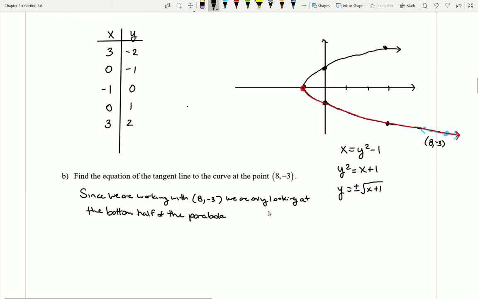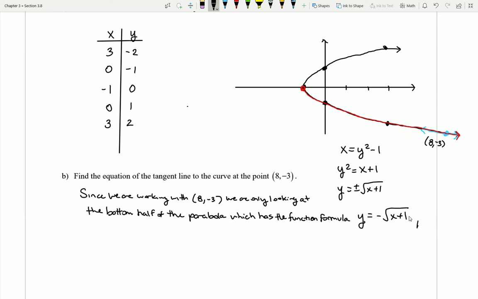Okay, and I know that that has the function formula of y equals negative square root of x plus 1. Okay, great. So this is going to work out really, really nicely.